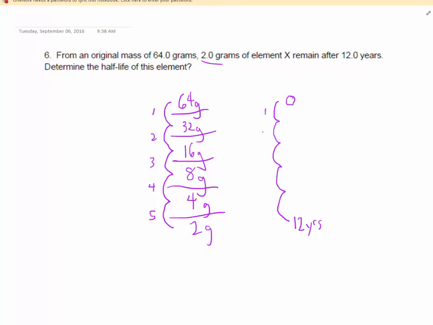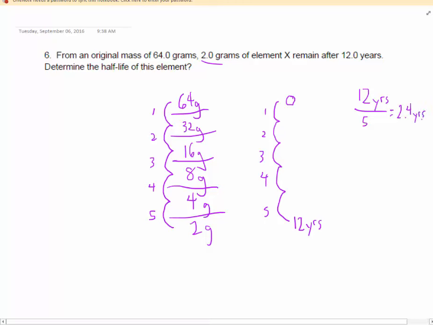So the question is, what time frame is going by over and over again to get us to 12 years? If you take the 12 years and divide it by 5, you're going to see that that gives you, I believe, 2.4.